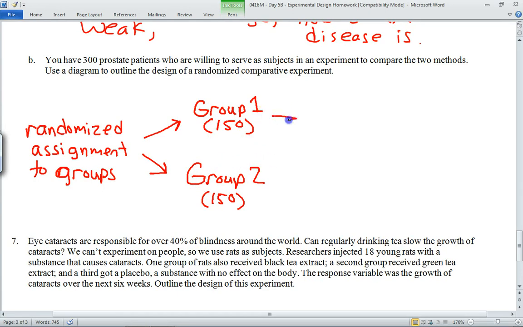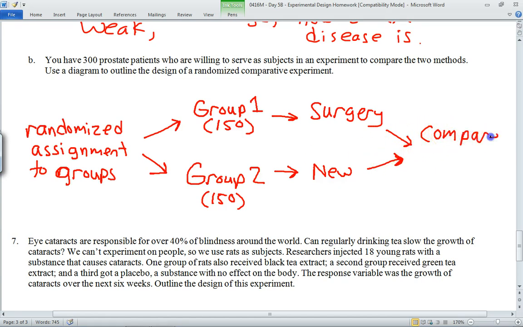And then let's say group 1 gets the surgery, and group 2 gets the new treatment, the non-surgery. And then we compare the results of those two methods and see who has fewer deaths 8 years later.